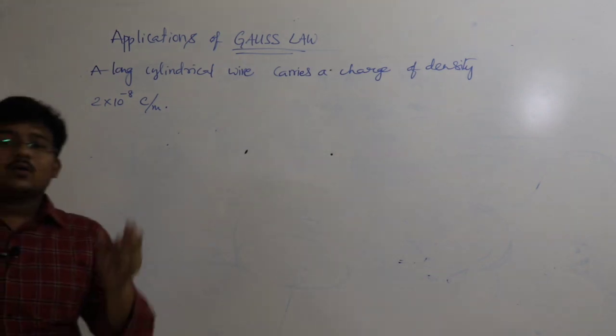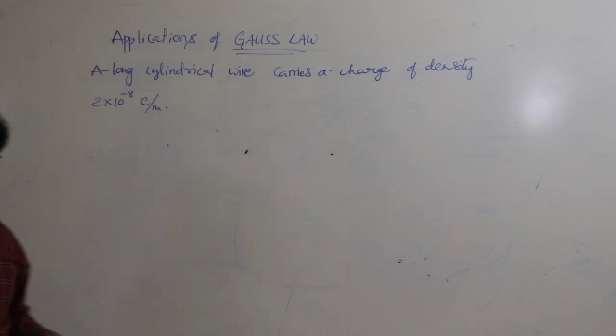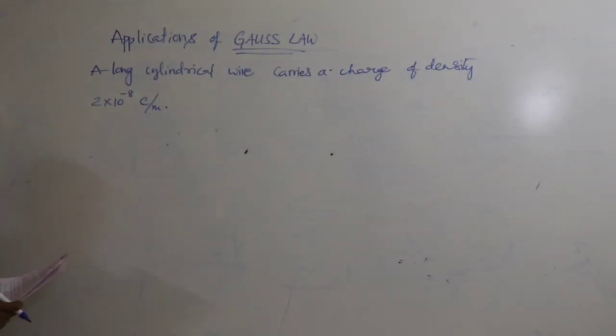What is the charge density? Coulomb per meter means charge by length, charge upon length. Okay? Right.